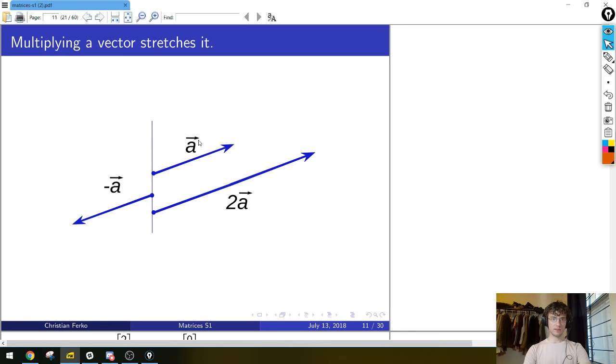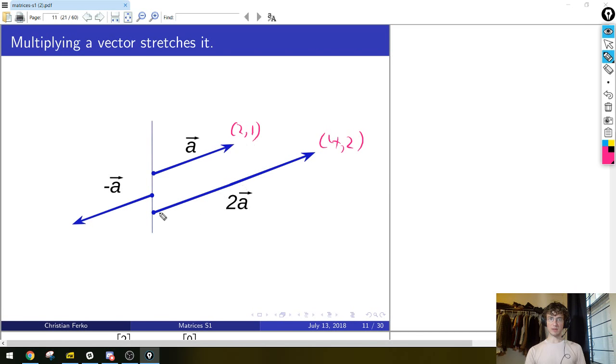The other thing, besides adding vectors, is that we can also multiply them by scalars, which are just numbers. So if here's the vector a, which goes from the origin to some point, if you double the two coordinates of that point, for instance if a were (2, 1), then doubling each coordinate to (4, 2) simply stretches the vector by a factor of 2.